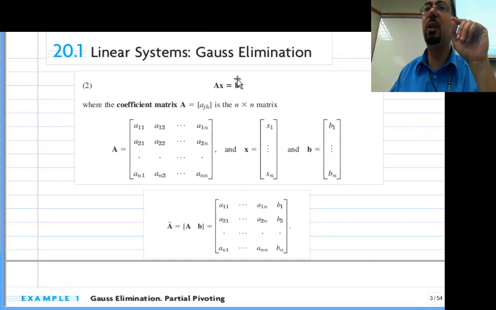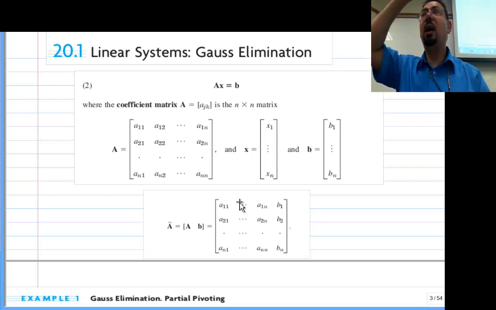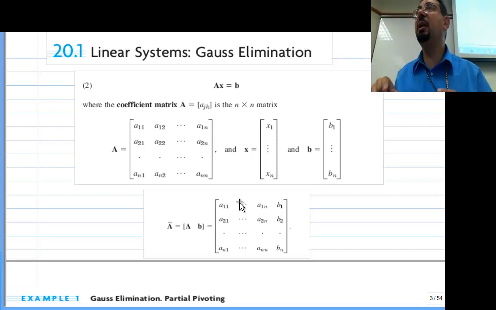What's our job when we are trying to solve Ax equals b? We do this by turning A into an upper triangular matrix or lower triangular matrix, any way to have at the end one equation, one unknown, solve it, and then back substitution all the way to the end.